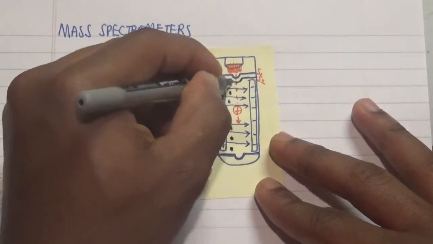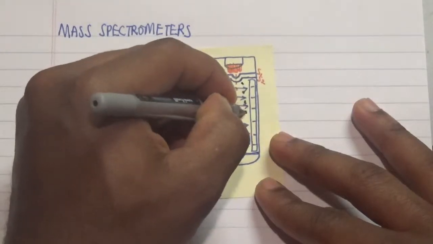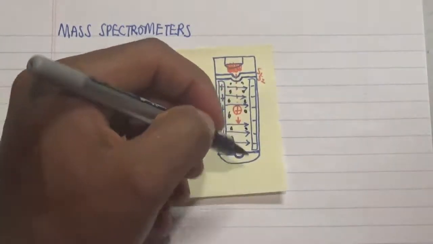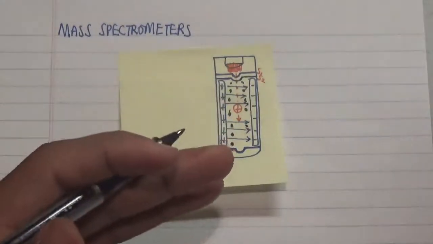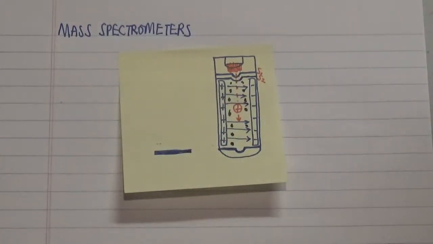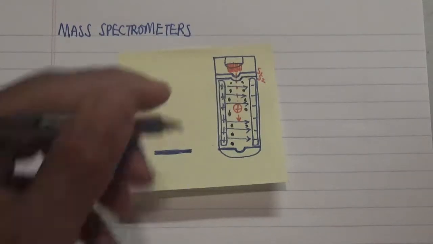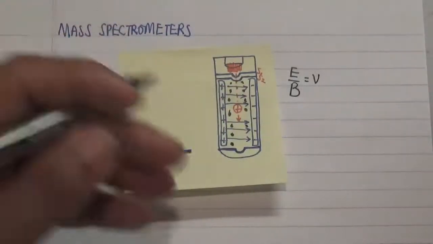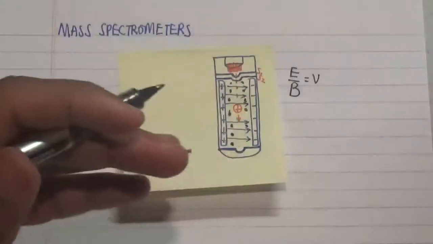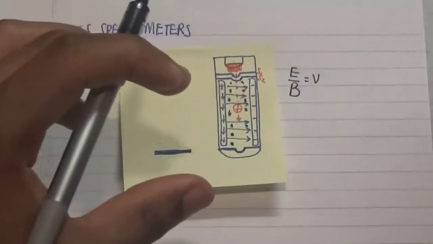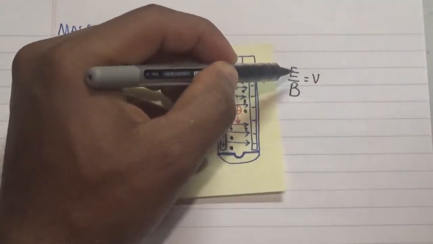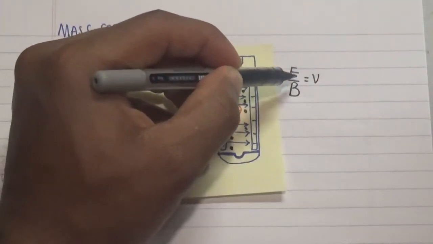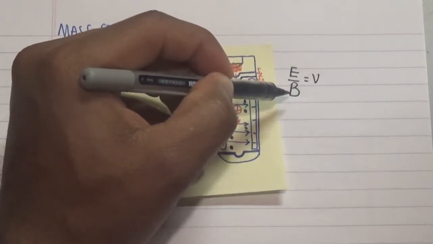Combining both fields, we can block all ions except those whose speed is equal to the ratio E over B. This is the velocity determined using our velocity selector, which says that at constant speed, with no deflection, we should expect the electric field to be in that ratio with respect to the magnetic field.